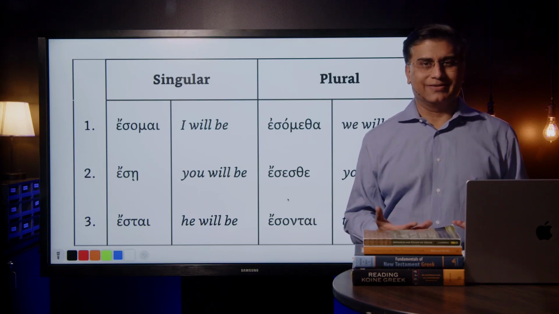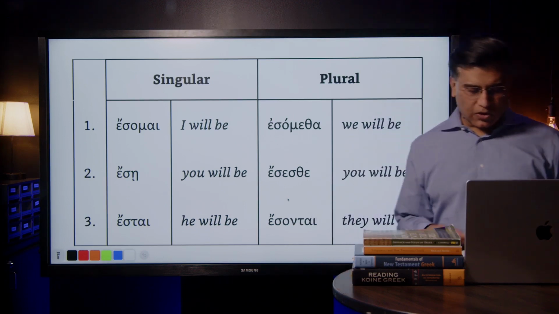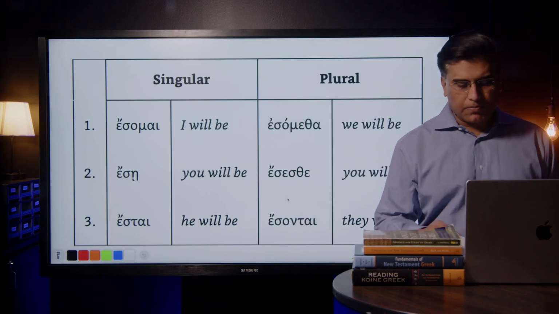You're expecting these things. So there we have the future middle indicative.